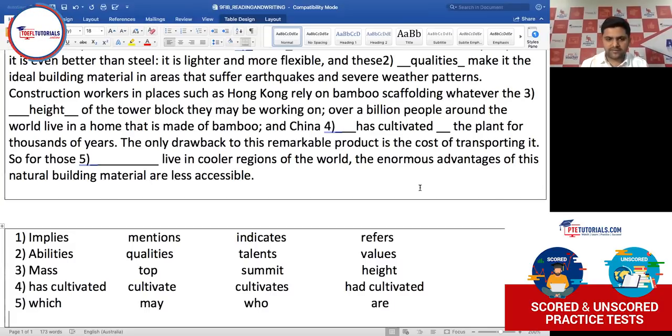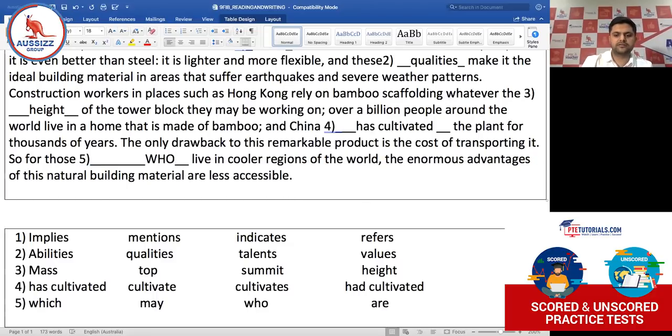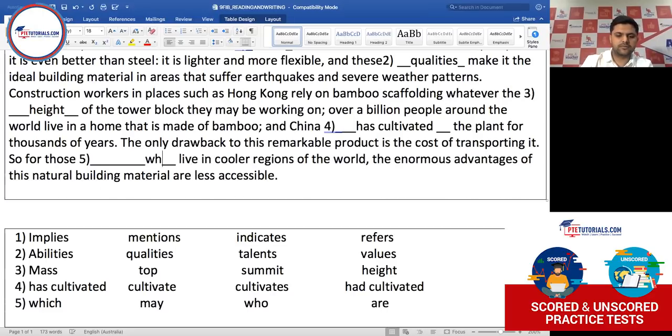Since we don't have the option that, the only option here is who. So it would be, for those who live in cooler regions of the world. So this is how you'll be solving this particular type of blank.